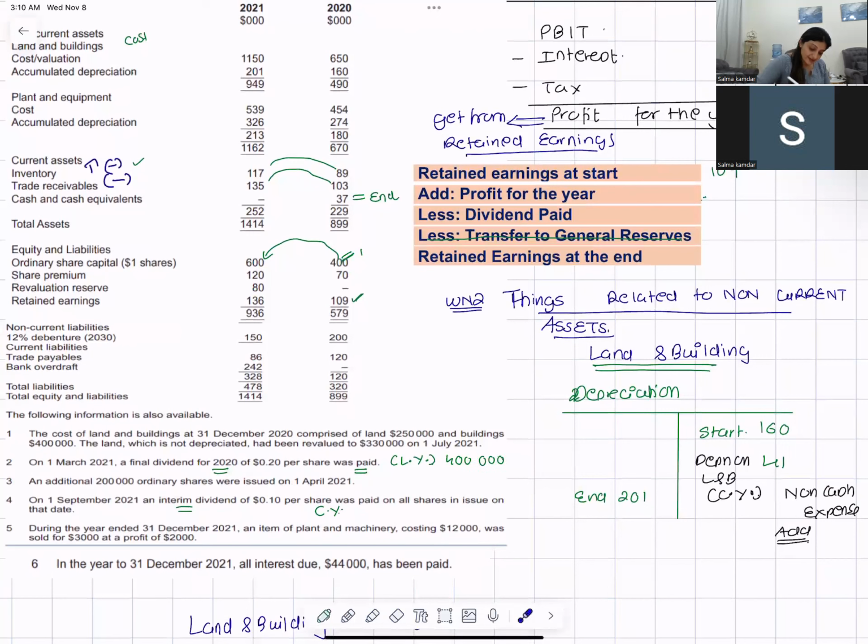An interim dividend is paid for the current year, so it will be paid on 600,000 shares. You multiply 400,000 shares into 0.20, and you multiply 600,000 shares into 0.10.